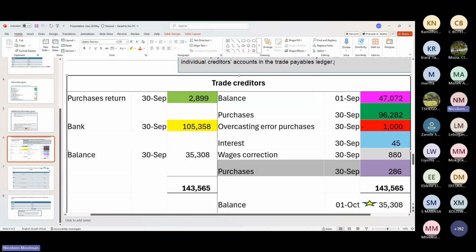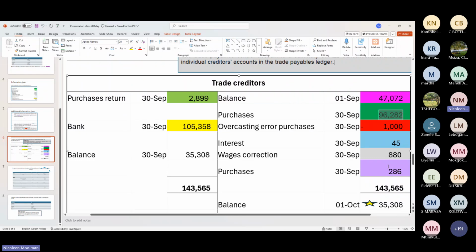Your purchases, this amount was given to you as 96282. Like I said earlier, you can in this one row just say 96282 less 1,000 rand. That will give you the 95282. There isn't an accounting entry for this 1,000 rand. The balance was just wrong and we have to fix it here in the general ledger.